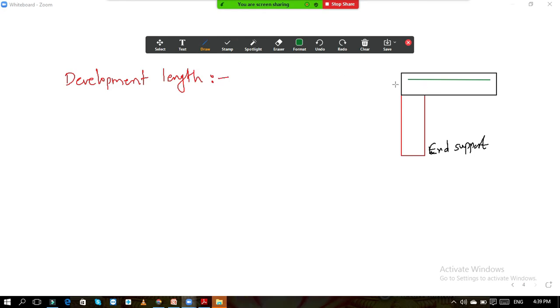Some length of this bar is embedded into this support. This is your development length, and development length is always at the end support. So now the formula for development length is Ld is equal to phi sigma s upon 4 tau bd.